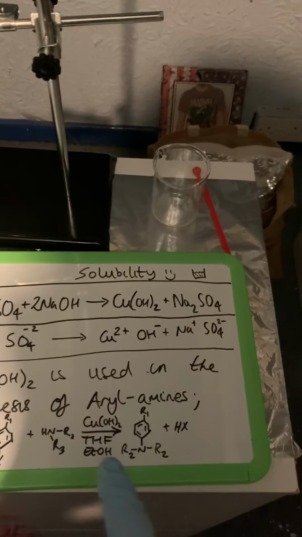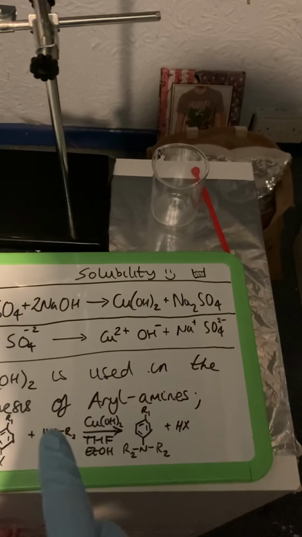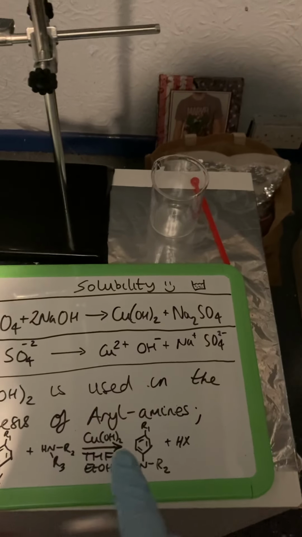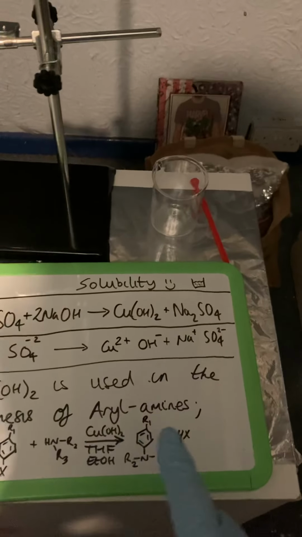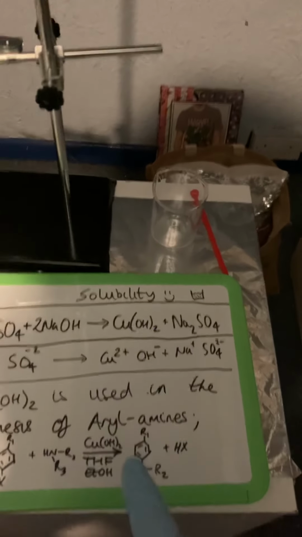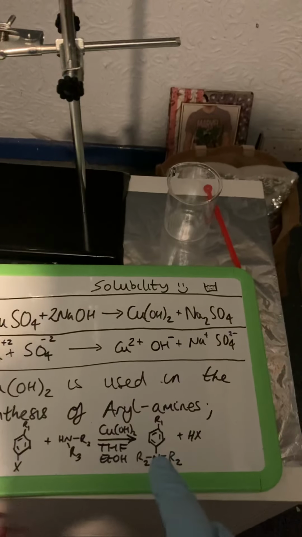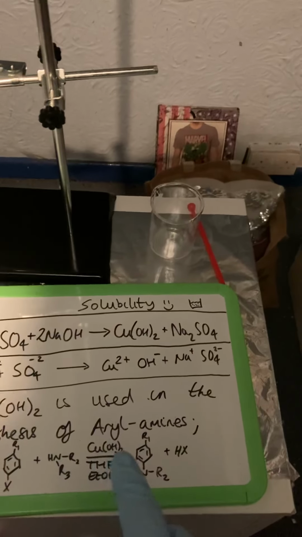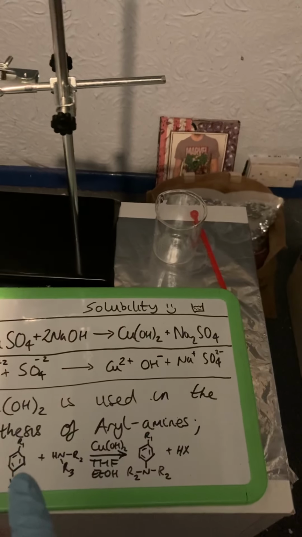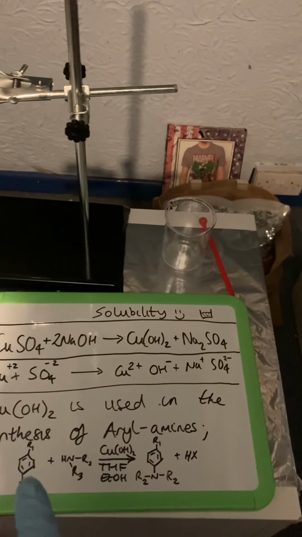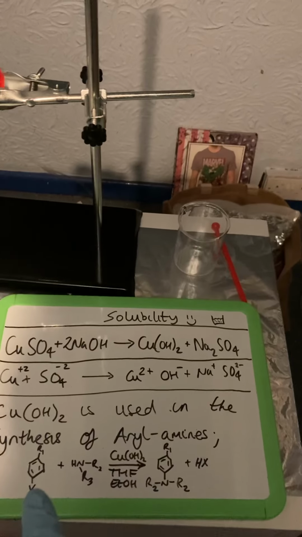So as you can see, the H has been kicked off the amine, and the bromine or halogen, whatever it is, has taken that H, because obviously there'll be an intermediate structure of this, because the amine lone pair will attack this carbon, the benzene ring, because it's very delta negative, because it's got a halogen electronegatively pulling away electron density from it.